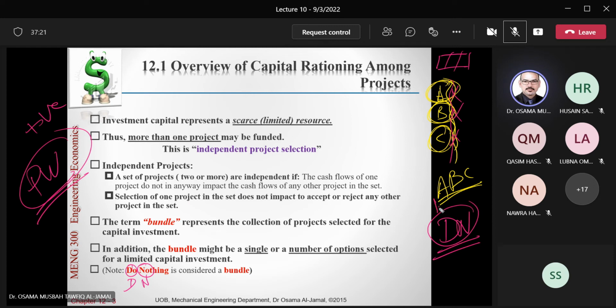If not, one of the options available is do nothing. In addition, the bundle might be a single or a number of options selected for a limited capital investment. Do nothing is considered a bundle.